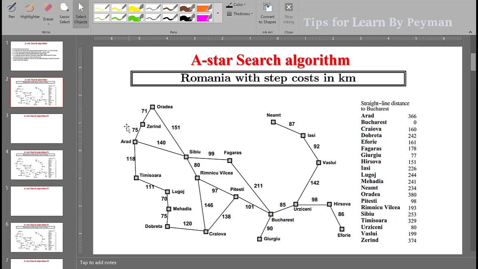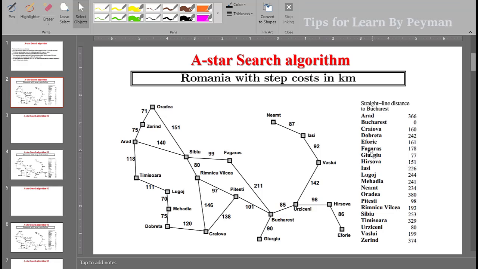other cities. These are the true costs that I explained in the previous slide, which means it is symbolized as the g function. So the numbers written on the edges of the graph are considered as g or true cost, and here in the table on the right is our heuristic, or approximation, to reach Bucharest.